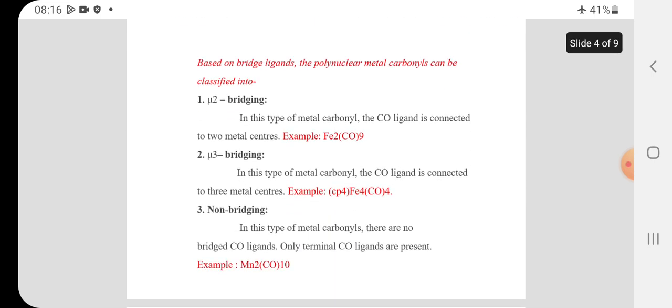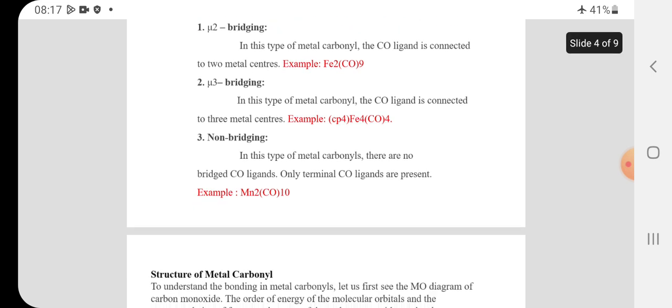Based on the bridging ligands, polynuclear metal carbonyls can be classified. First, mu2 bridging. In this type of metal carbonyl, the carbonyl ligand connects two metal centers. For example, Fe2(CO)9. The second case, mu3 bridging.